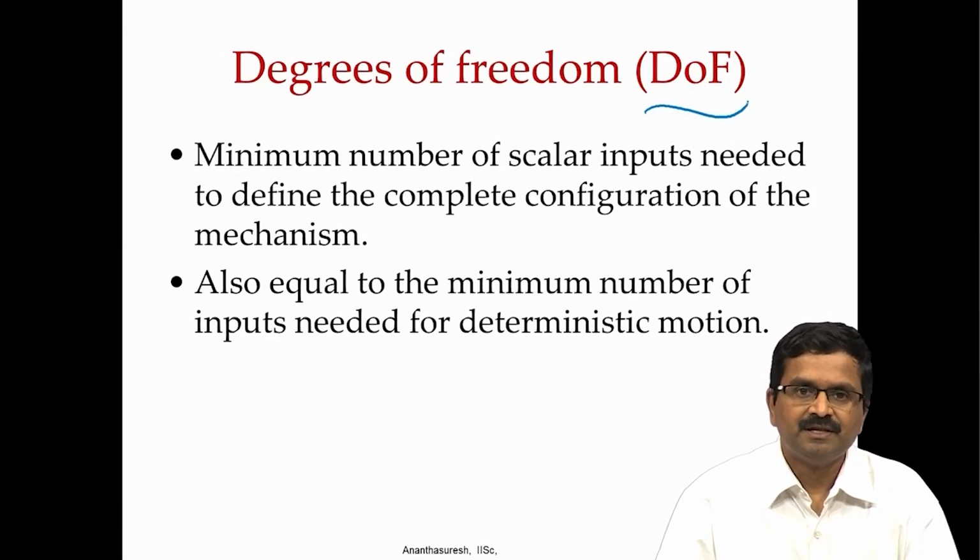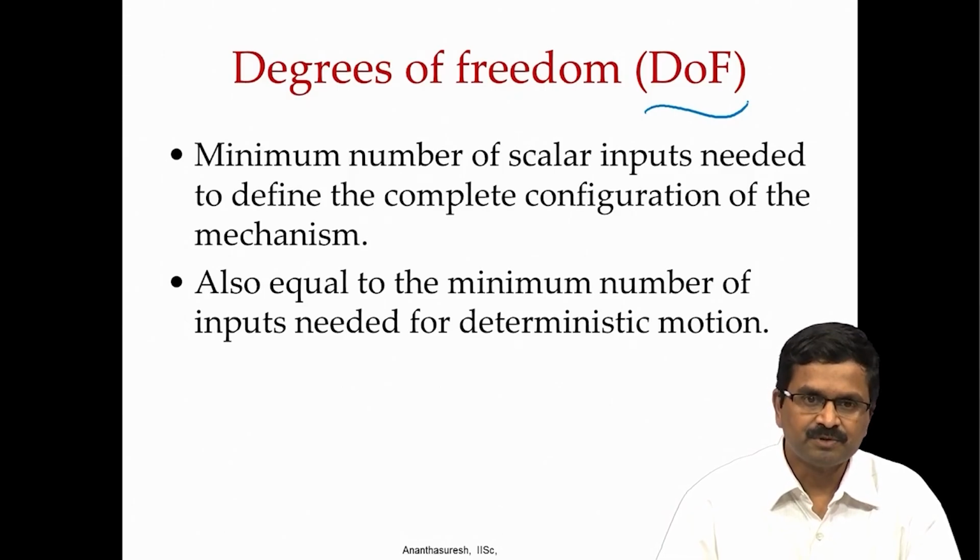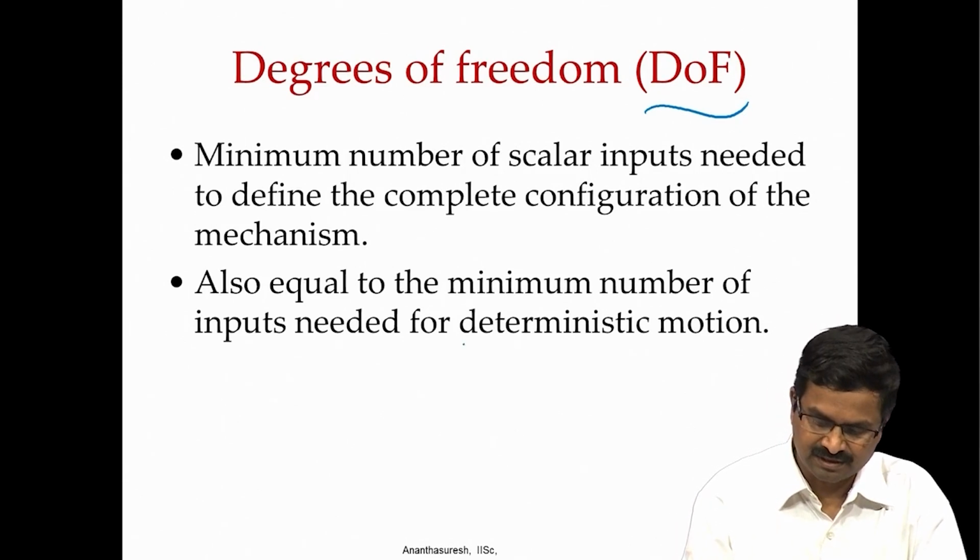DOF is the minimum number of scalar inputs needed to define the complete configuration of the mechanism. That is, if you have a mechanism and you give so many inputs, and these inputs can be thought of as actuation. So, degrees of freedom also gives you the minimum number of actuations or inputs needed for deterministic motion.